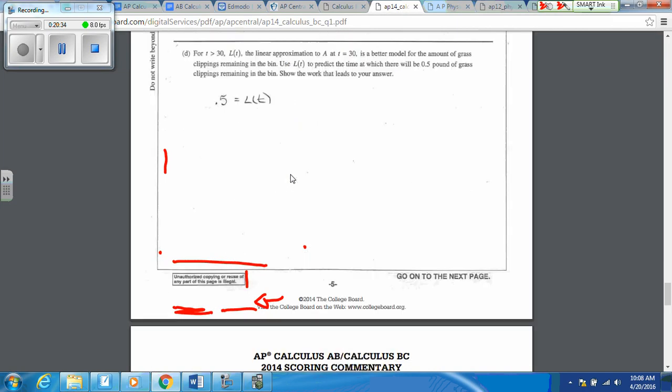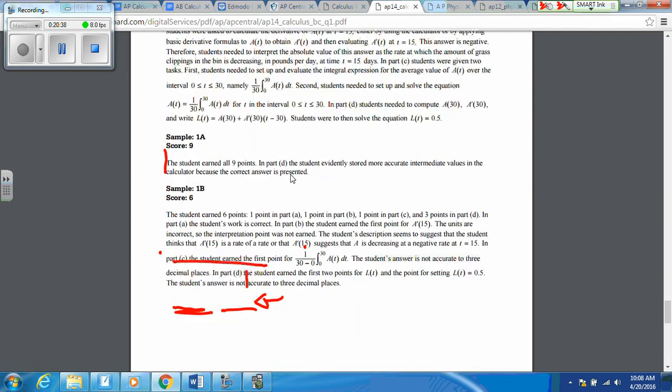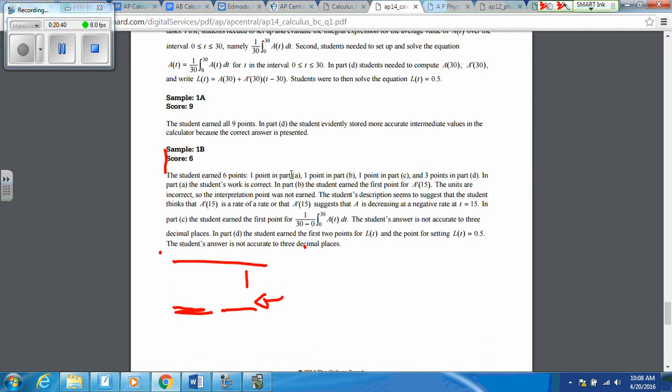Commentary. Sample student score number 2. The student earned 6 points, 1 point in part A, and so on. In part D, the student earned the first 2 points for L of t and the point for setting L of t equals 0.5. The student's answer is not accurate for decimal places.